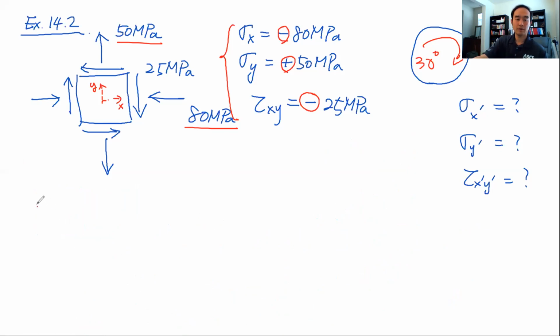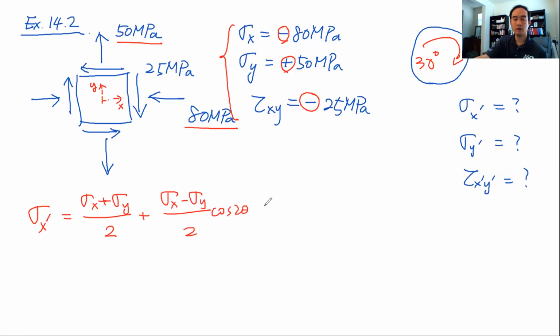The sigma x prime equation is sigma x plus sigma y divided by 2, plus sigma x minus sigma y over 2 cosine 2 theta, plus tau xy sine 2 theta.